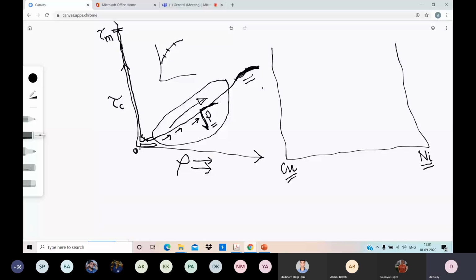Now I ask a question to the real metallurgists in the class. Is it not that the curve cannot come down? I can say the curve may come down. When?